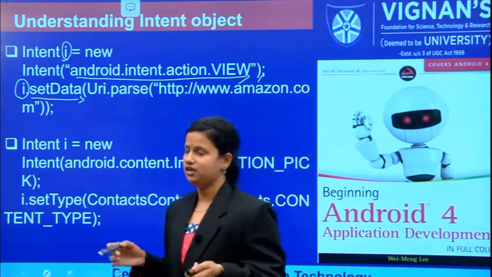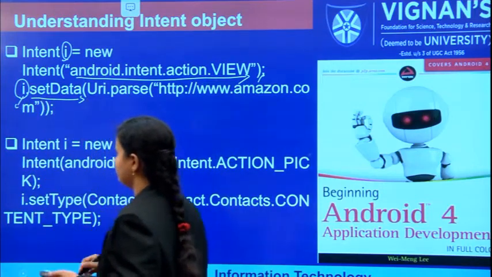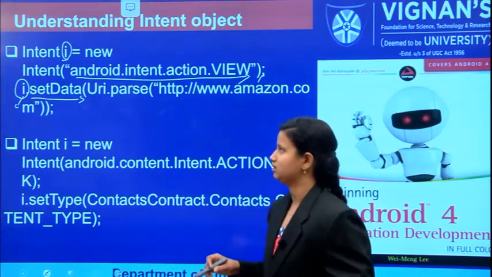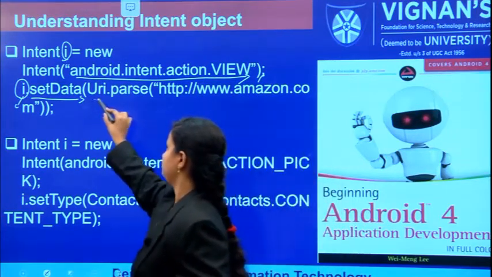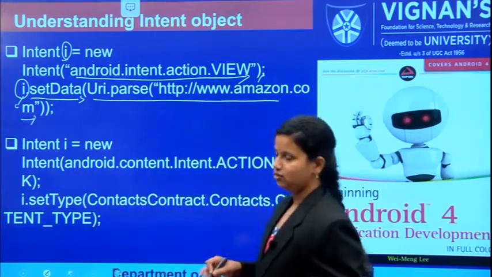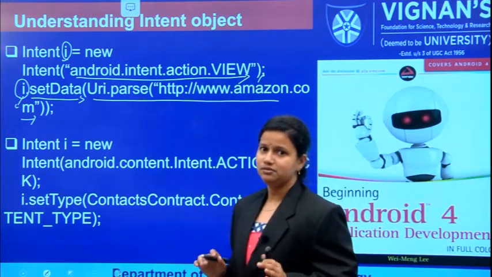So what is the other way? We call the object name i.setData, which is a method to set the data to the intent object. What data am I giving? Uri.parse of the Amazon website, so the Amazon website will be opened. By giving these two statements, the intent is not started.